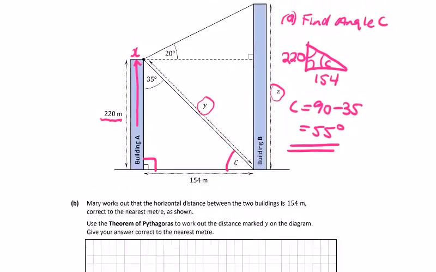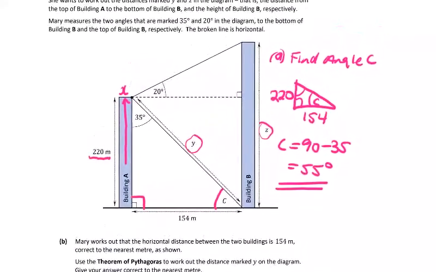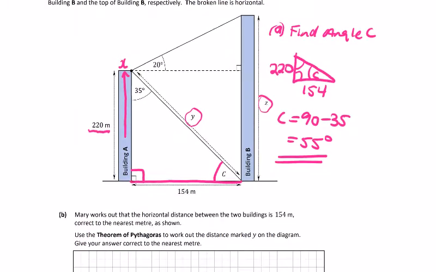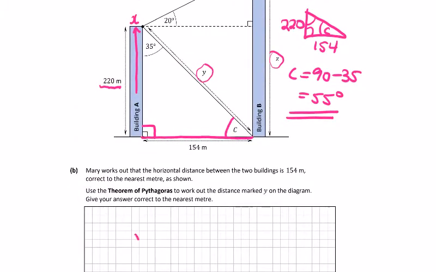Part B, Mary works out that the horizontal distance between the 2 buildings is 154. Use the theorem of Pythagoras to work out y. So Pythagoras, you know, the square root of the straight sides squared and added together. That's 154 squared plus 220 squared, gives me y.